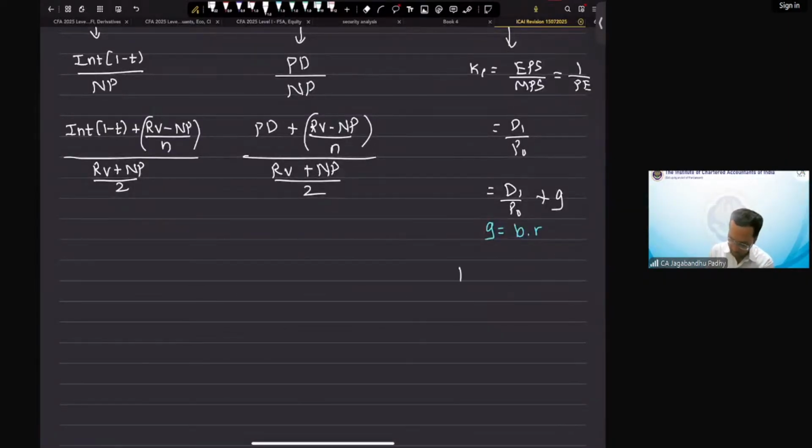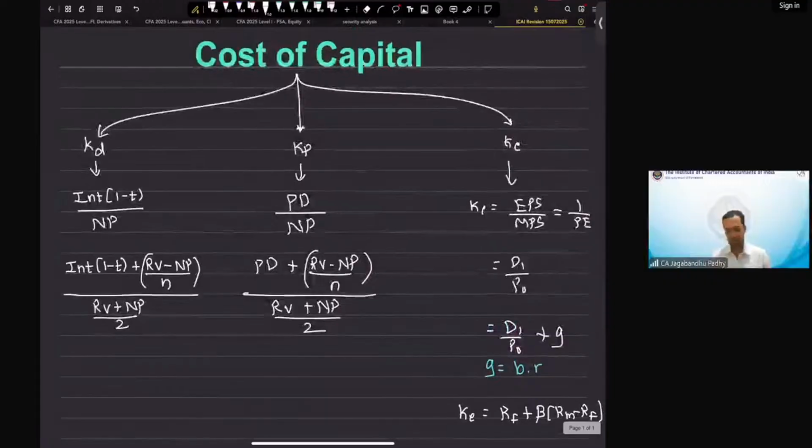Another formula for cost of equity is the CAPM model, which is risk-free rate plus beta into RM minus RF, which is the risk premium of the market over the risk-free rate, right? And beta is the level of systematic risk. These are the basic formulae.